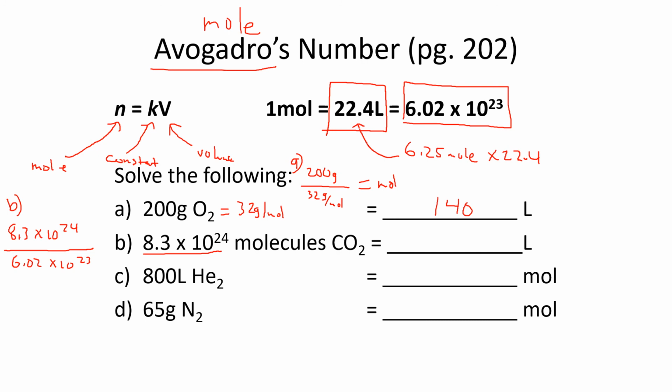You can write out all the zeros if you want, or you can subtract exponents. So take 8.3 divided by 6.02 times 10 to the 1, right? 24 minus 23 would just be 1, so that would be 10. So how many moles do we have? 8.3 divided by 6.02 times 10. How many moles is that?